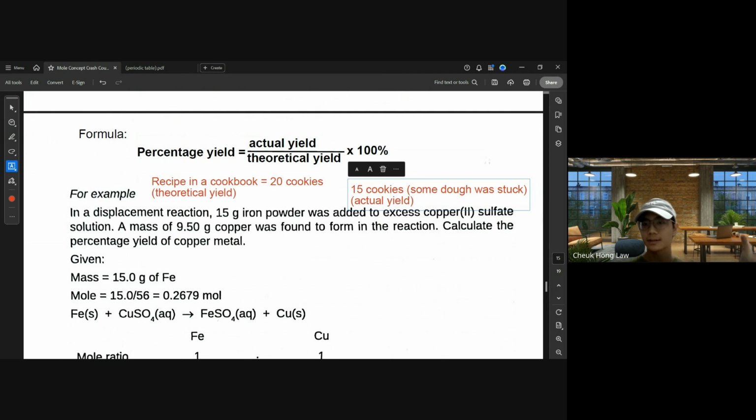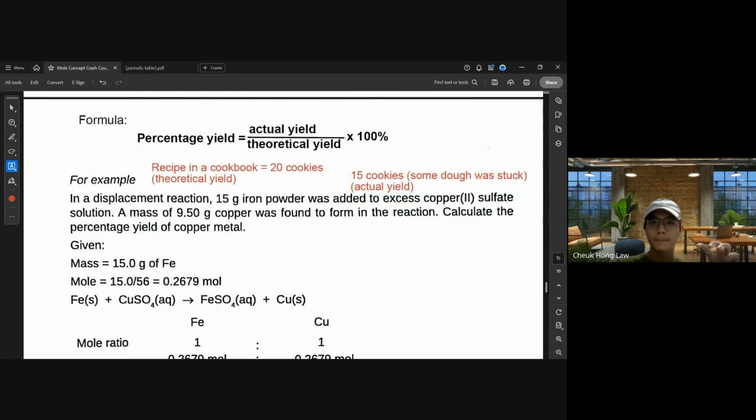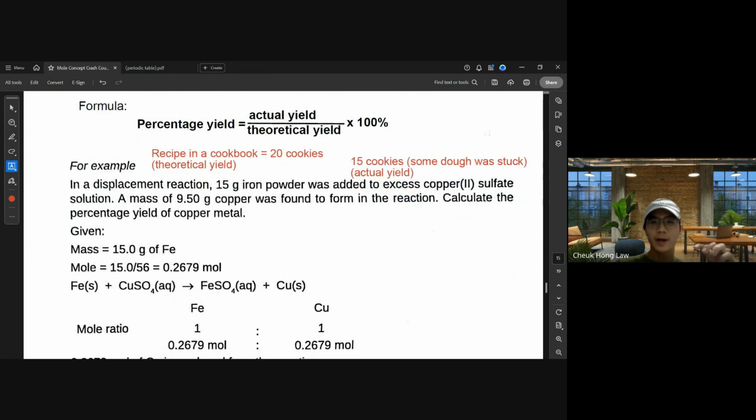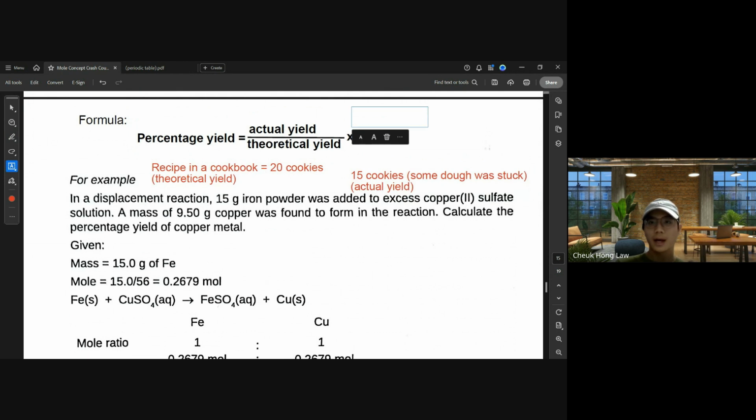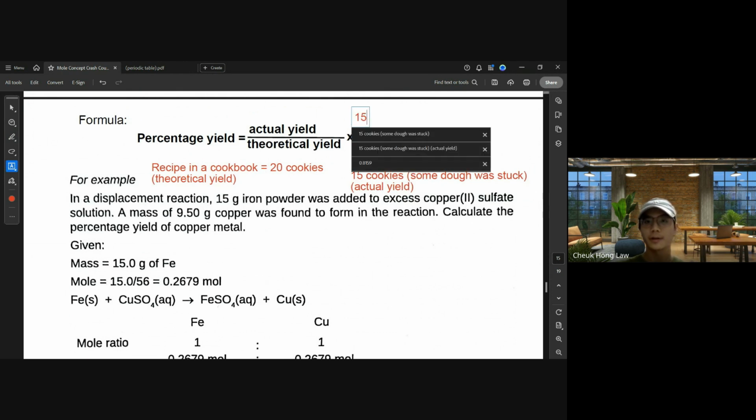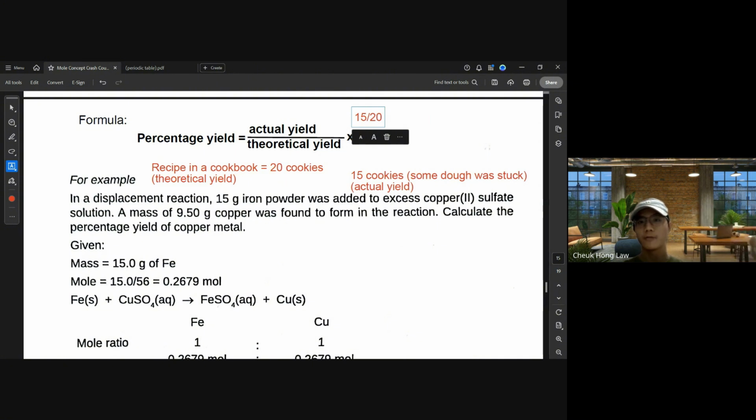Okay, so this is theoretical yield and actual yield. So in order to find the percentage yield, I will take 15, which is the actual, divided by 20, which is the theoretical, times 100%.